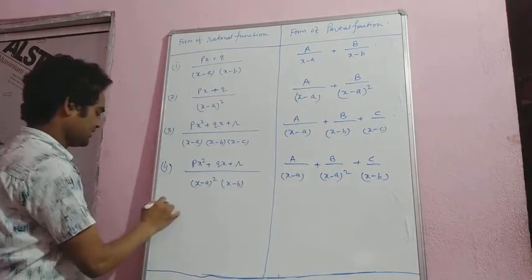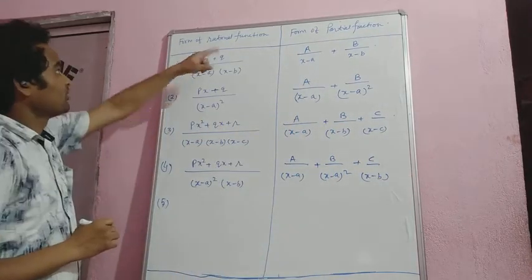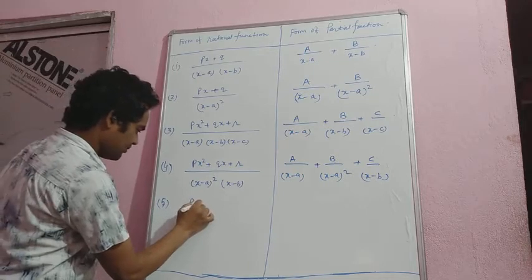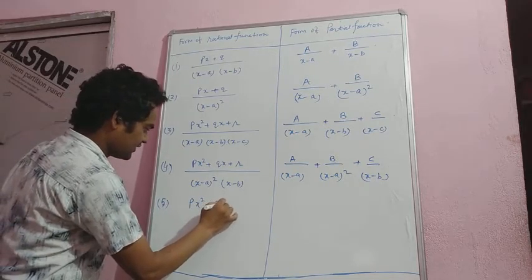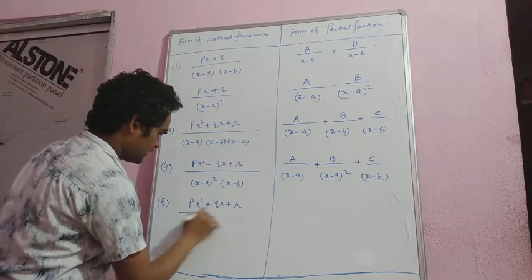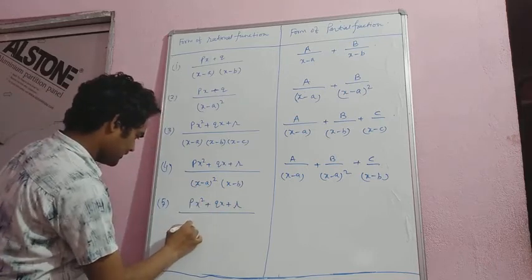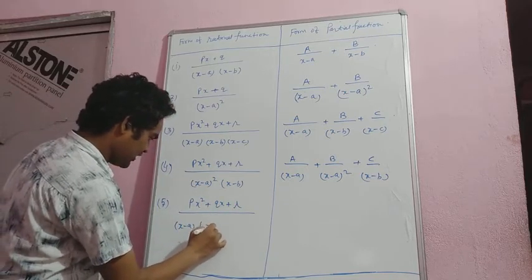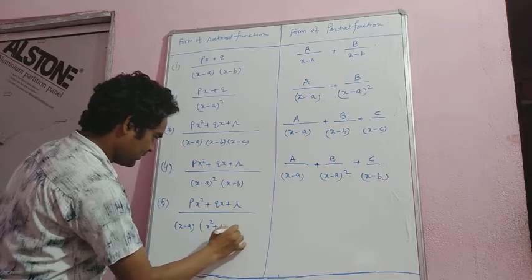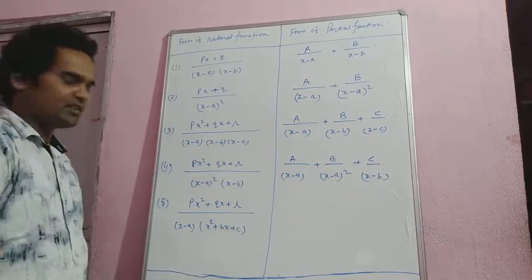And the last form is px square plus qx plus r upon (x minus a) into (x square plus bx plus c).